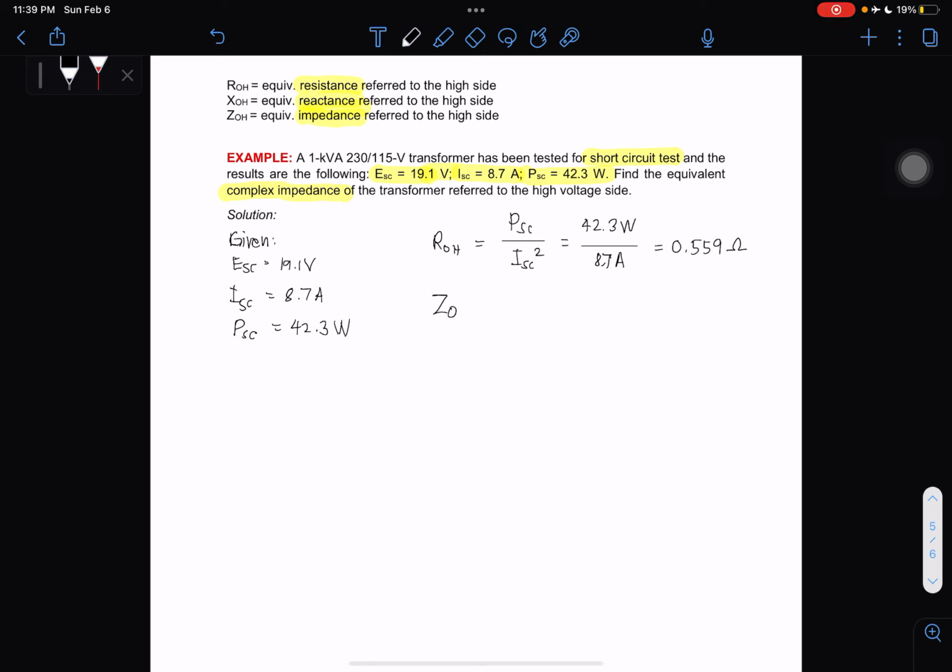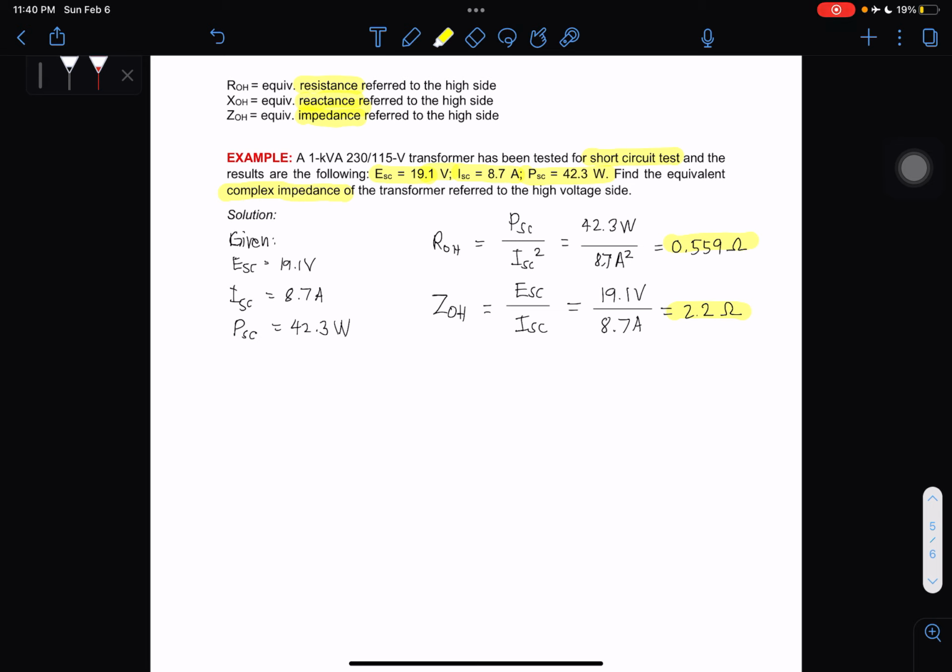Solving for ZOH, the equivalent impedance. The formula is ESC divided by ISC. Given 19.1 volts divided by 8.7 amperes, our answer will be 2.2 ohms. So we have obtained the equivalent resistance and the equivalent impedance.